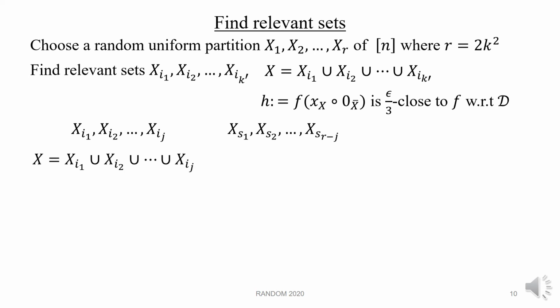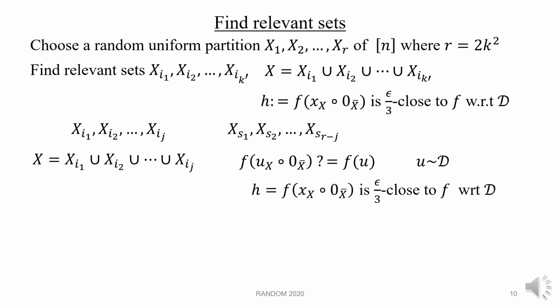We define x to be the union of the relevant sets. We choose u according to distribution d and compare the current h with f. If they are equal for order 1 over epsilon strings u, then we know that the current h is epsilon over 3 close to f with respect to d, and we are done.